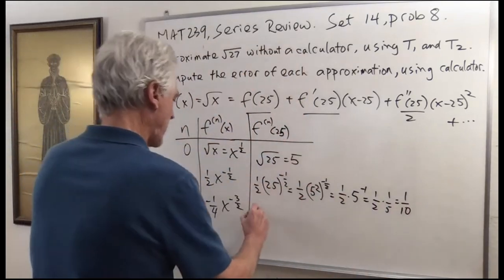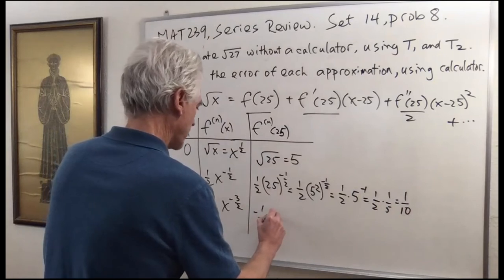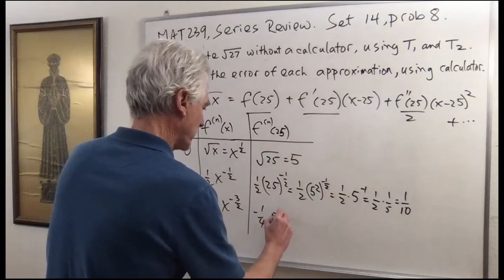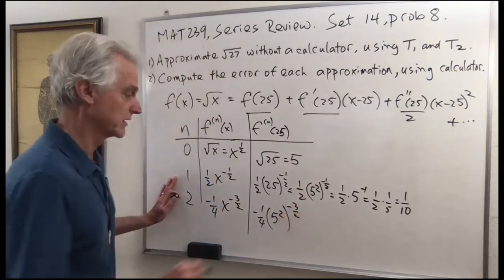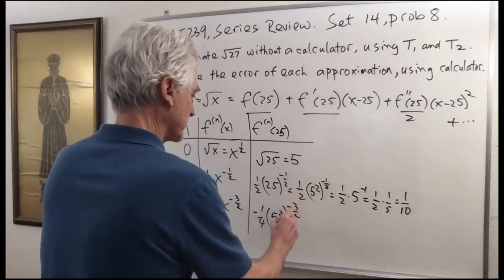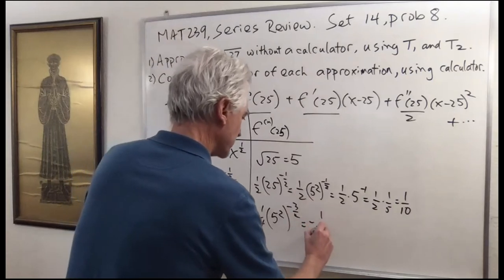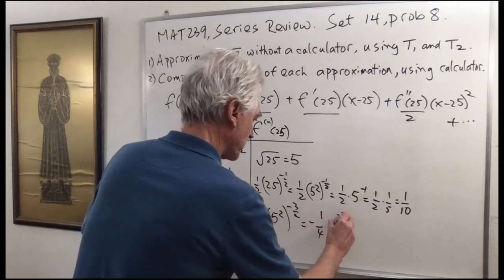And then we have minus a quarter times 25 to the minus 3/2, which is 5 squared to the minus 3/2, right? So 2 times minus 3/2 is minus 3, so this is minus a quarter times 5 to the minus 3.